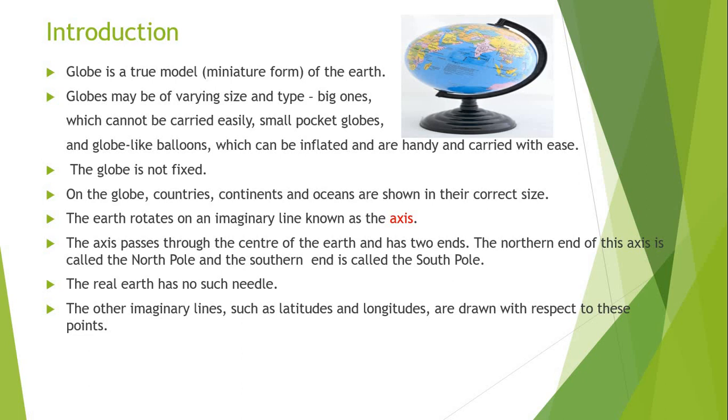And remember, it is an imaginary line. The real Earth has no such needle. The other imaginary lines, such as latitudes and longitudes, are drawn with respect to these points.